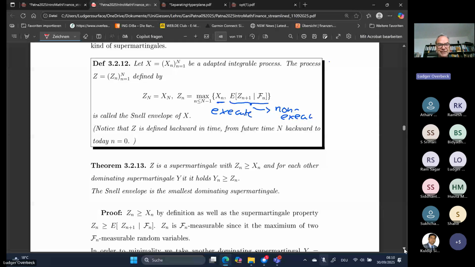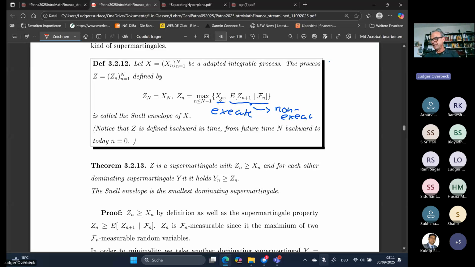This is a Zn, so keep it. Zn is the maximum of xn, your payout, and the expectation of Zn plus 1. So it is defined backward. Zn equals xn at the end, and Zn is the maximum of xn, this is what you want to cover, you want to dominate, or the expectation of Zn plus 1 given Fn.